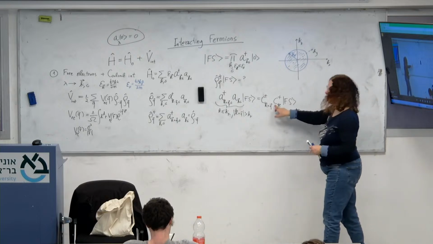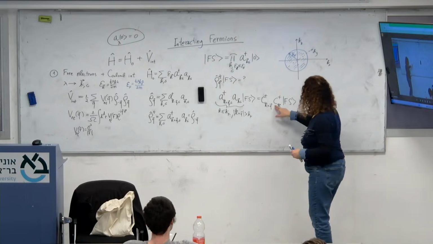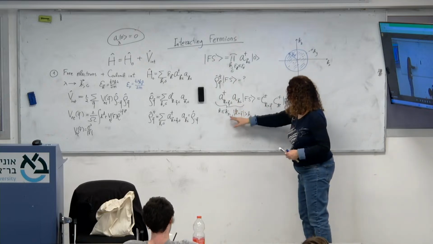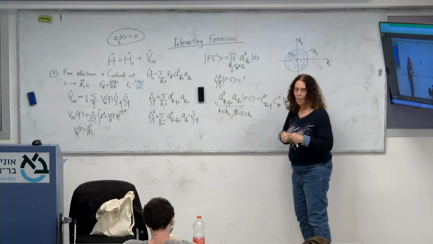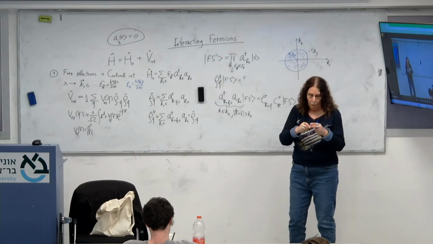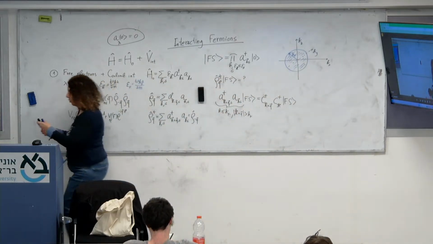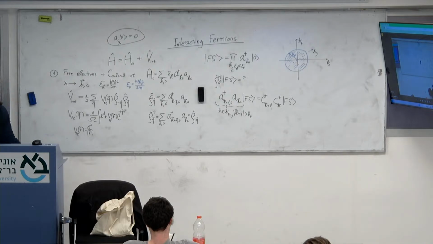This C dagger, which is in fact an annihilation of an occupied state, is creating a hole, right? Use colors.